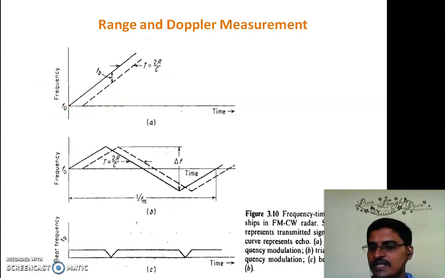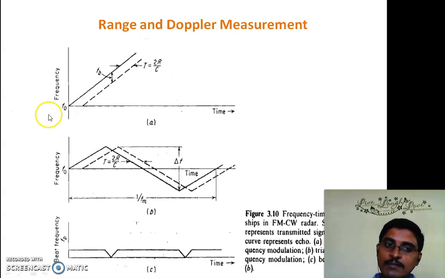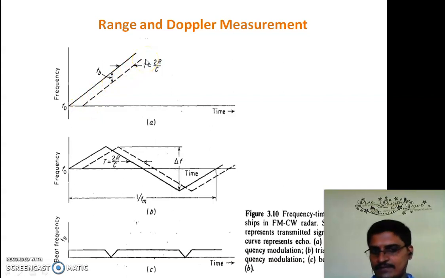Target not moving means there is no Doppler frequency shift. This is the transmitted frequency, transmitted at time t, whose frequency varies linearly with time. After some time we receive the echo signal, and this dotted line represents the echo signal from the target, after a certain time interval, capital T.